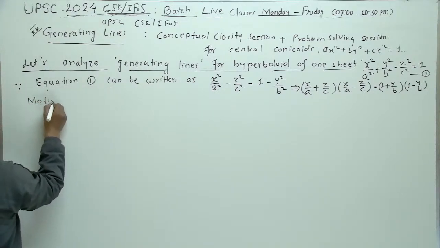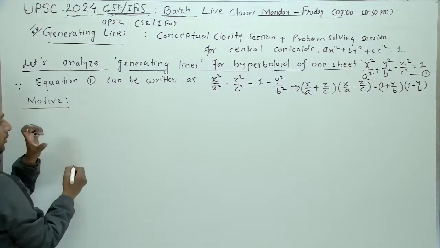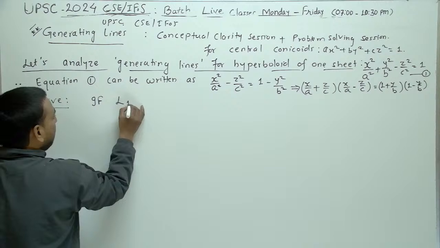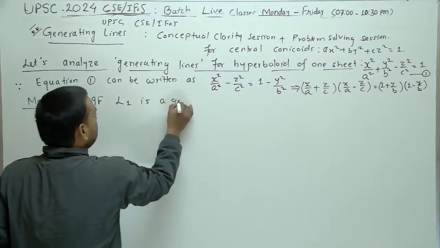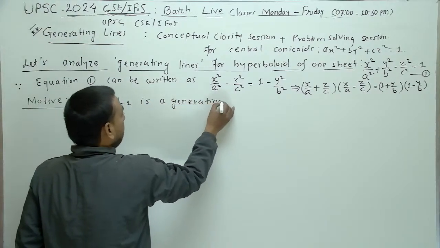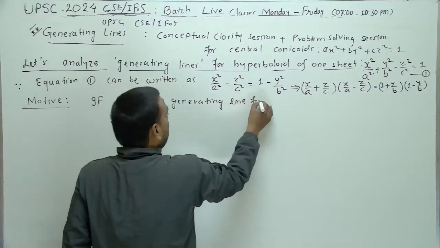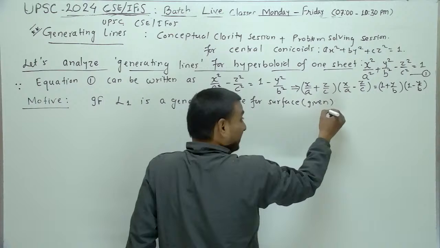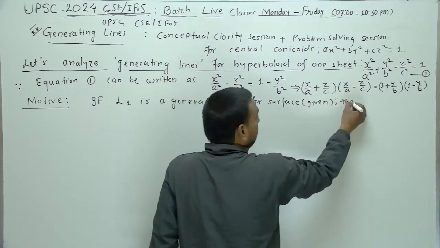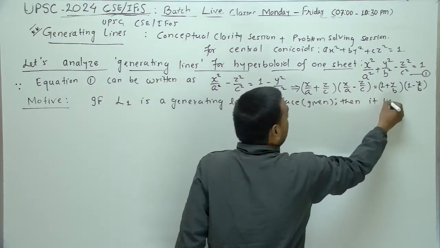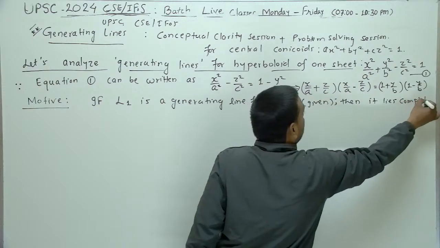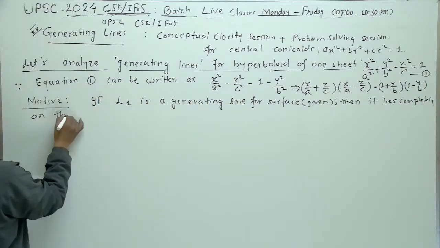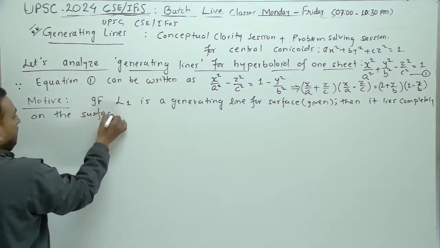Let's see on the board what our motive is. The motive is: let's say L1 is a generating line for the surface which is given to us, then it lies completely on the surface. Look carefully at this.